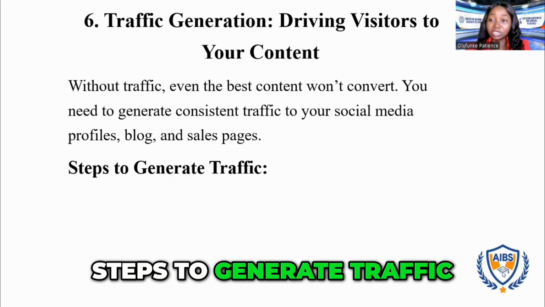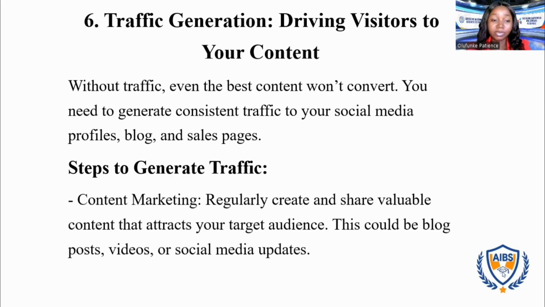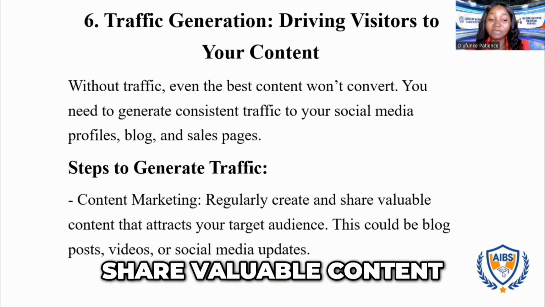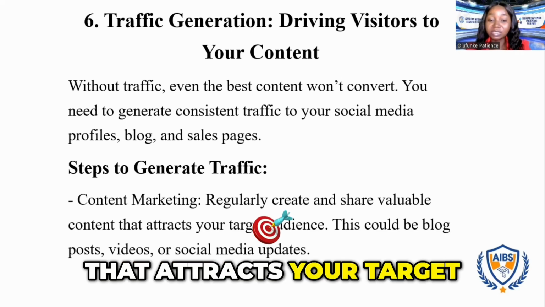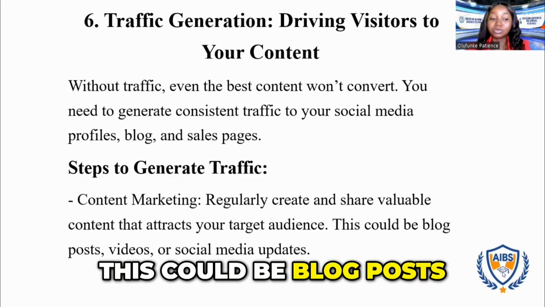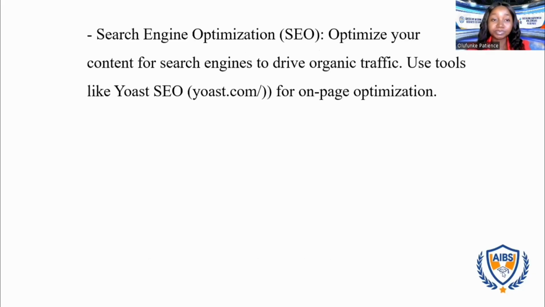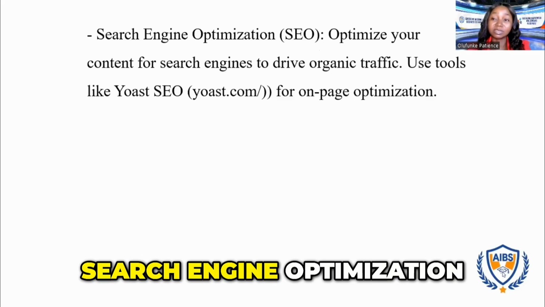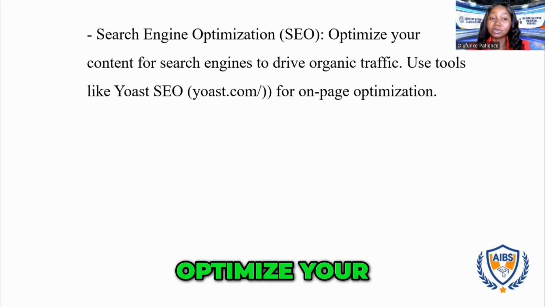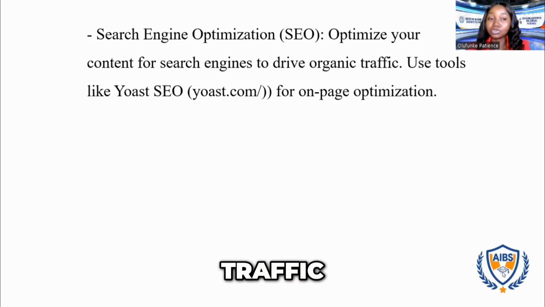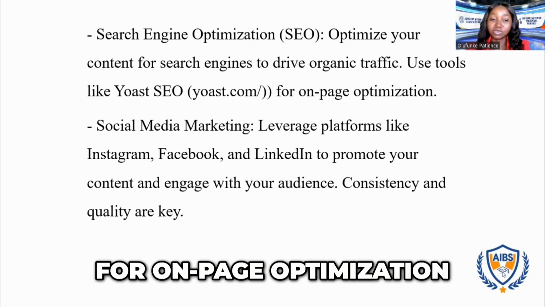What are the steps to generate traffic? Number one is content marketing. Regularly create and share valuable content that attracts your target audience. This could be blog posts, videos, or social media updates. Search engine optimization: optimize your content for search engines to drive organic traffic. Use tools like Yoast SEO for on-page optimization.